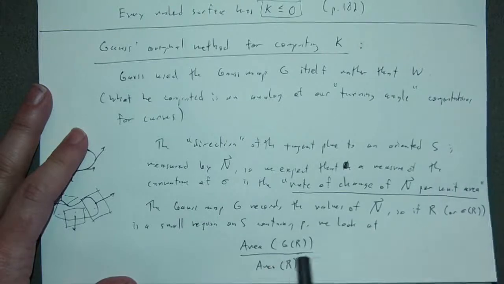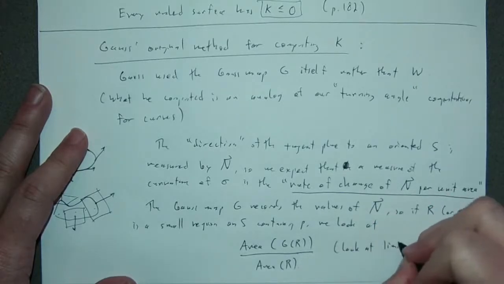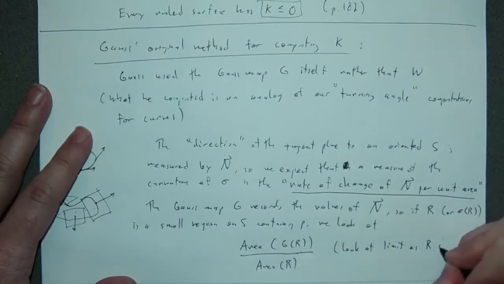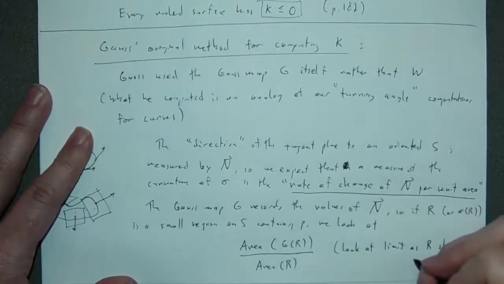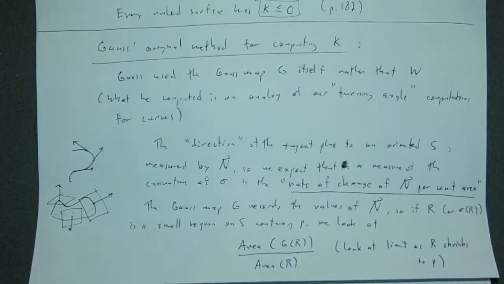The idea is that I look at this quantity, but really I look at a limit of this quantity as R shrinks to P itself. Okay. Now, you, from your 2021 viewpoint, might say, oh, God, this is already a more complicated and somehow nastier thing. So keep in mind that we didn't have epsilon-delta for limits yet.